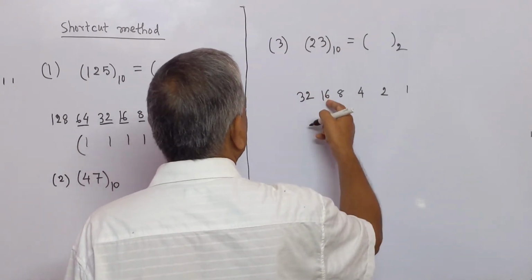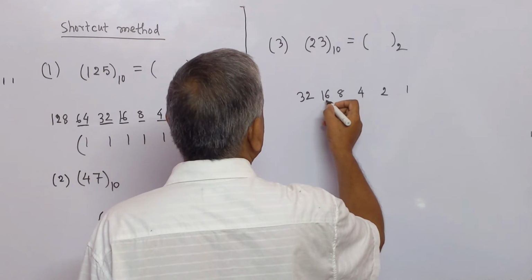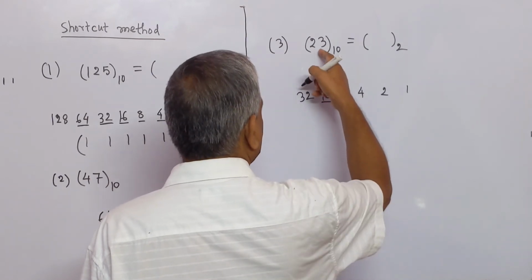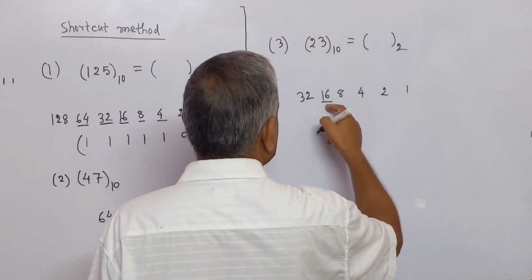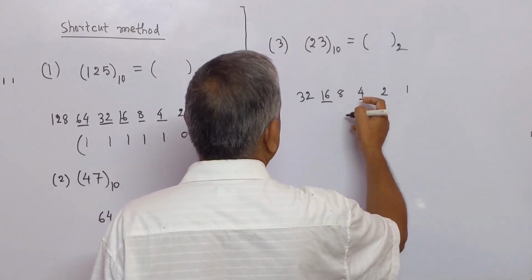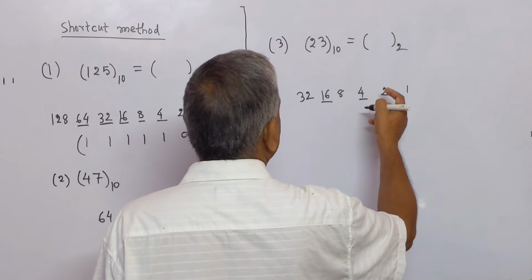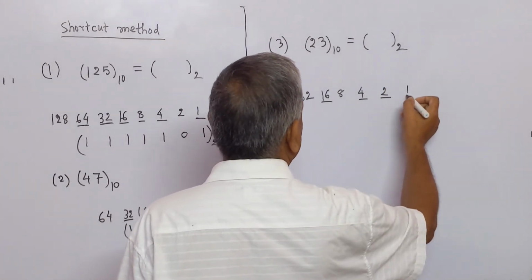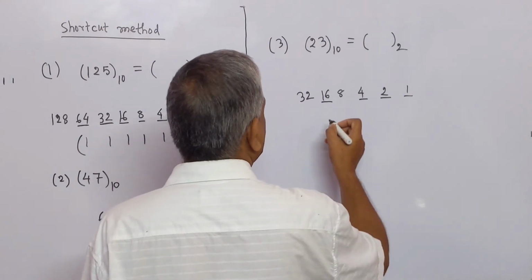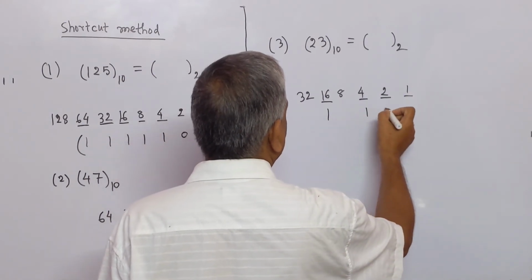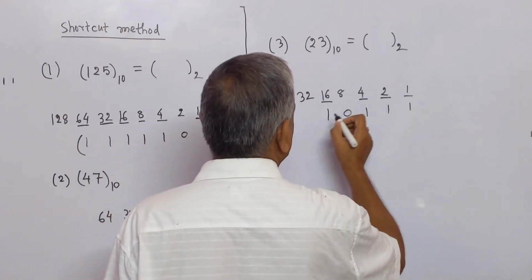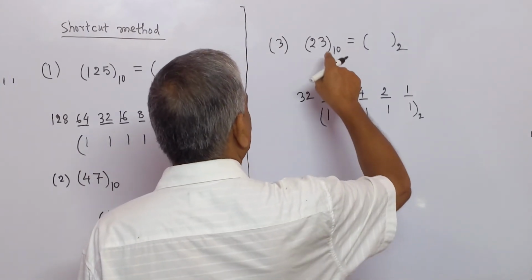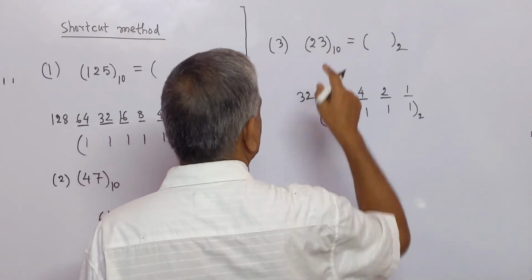So we start from 16. 16 plus 8, 24, which is more than 23. 16 plus 4, 20. 20 plus 2, 22, plus 1, 23. So here we write 1, 1, 1, 1, rest places 0. This is the number in binary system for 23 in decimal system.